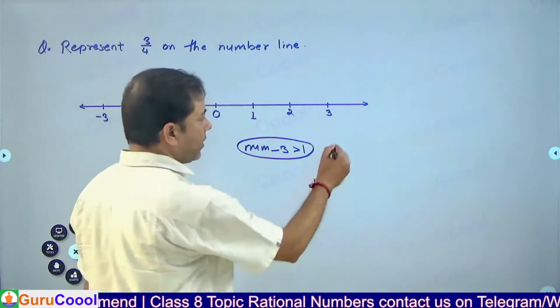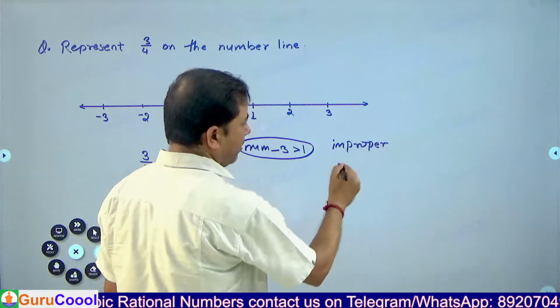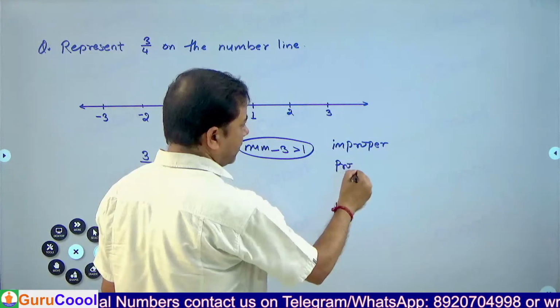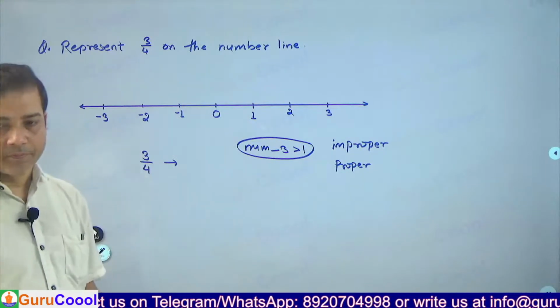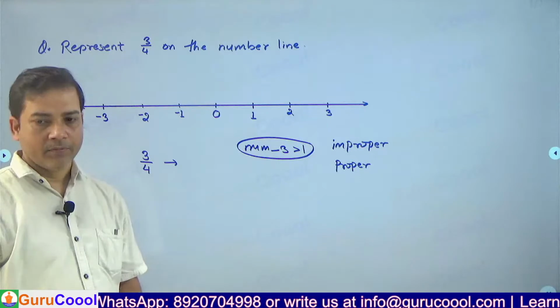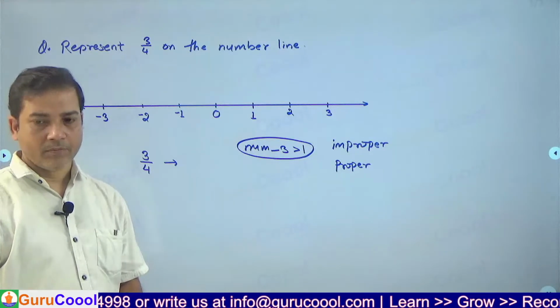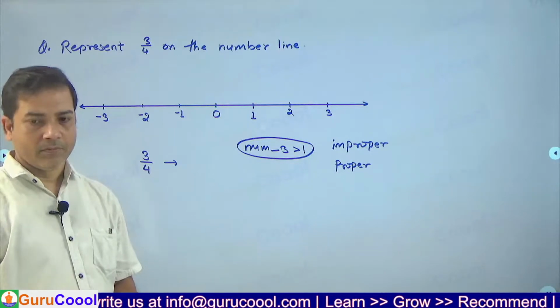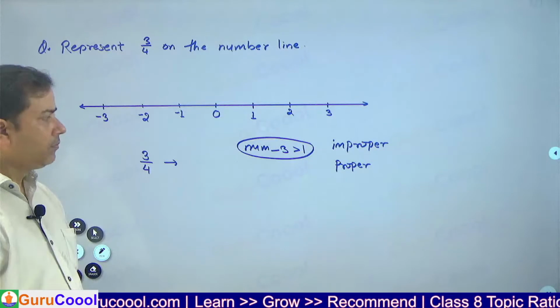So how do you identify improper and proper? Do you know any definition for that? Yes, sir. An improper fraction should be more than 1, sir. A proper fraction should be between 0 and 1, sir.